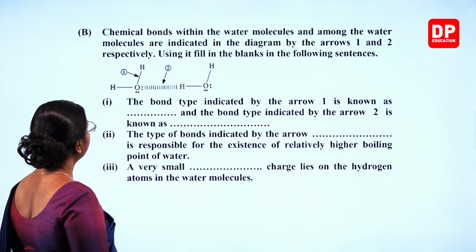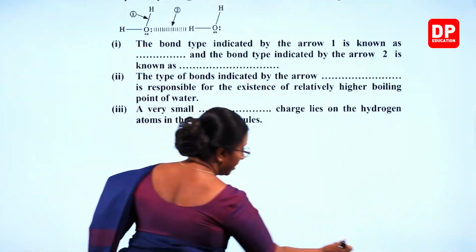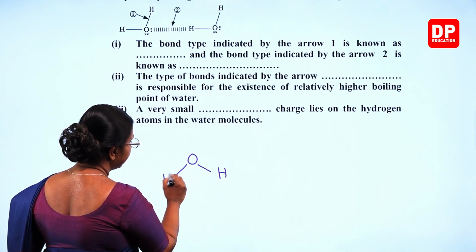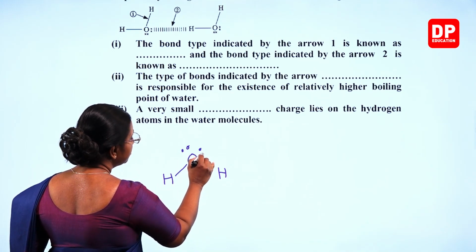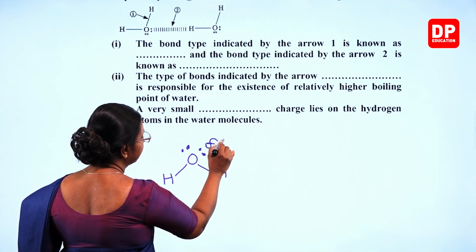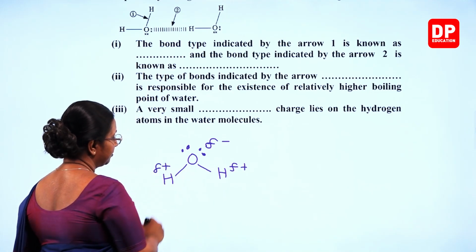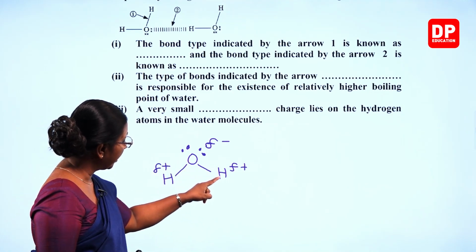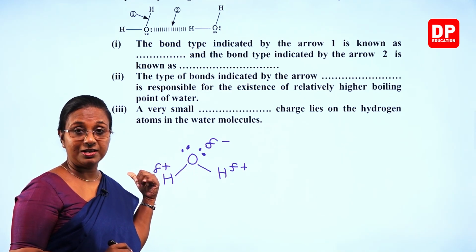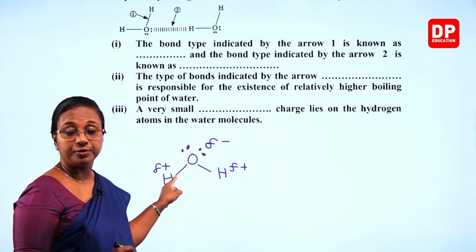So if you look at the molecule, you can all see the water molecule. You are familiar with these, students. Now in water, oxygen forms 2 covalent bonds with hydrogen. At the same time, there are 2 lone pairs on oxygen. Oxygen has a delta negative charge and hydrogens have a delta positive charge. Why is that? Because of the electronegativity of oxygen, which we discussed previously, it draws the electrons towards itself from the bond.